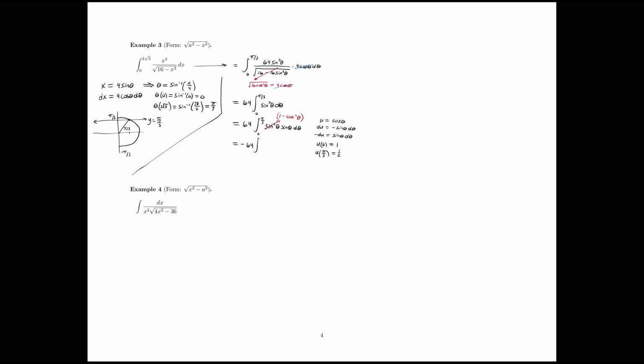So this would be from 1 to 1/2. And then this would be 1 minus u squared. And then the sine theta d theta becomes our negative du. Now this negative out in front, I can absorb it into the integral to swap the order of the bounds, since they are sort of the opposite orientation. So swap that. So this would be 1/2 to 1.